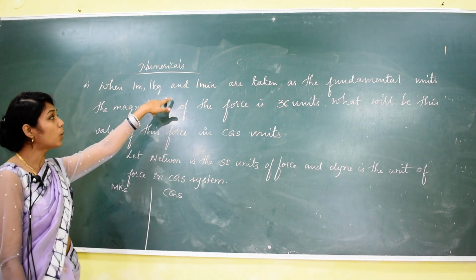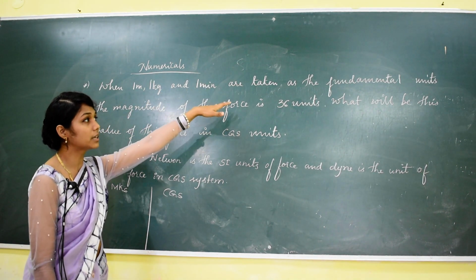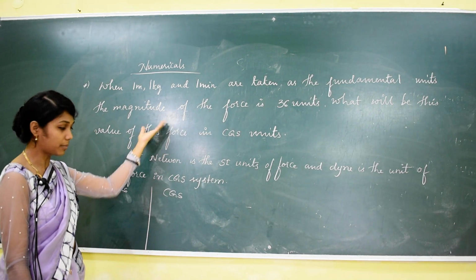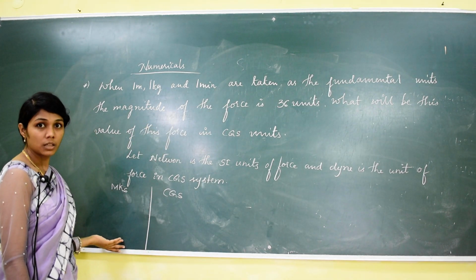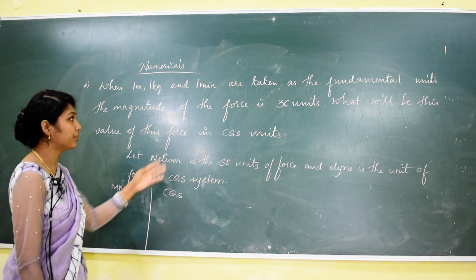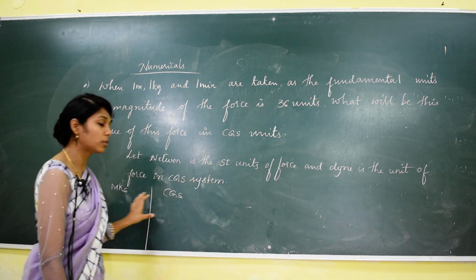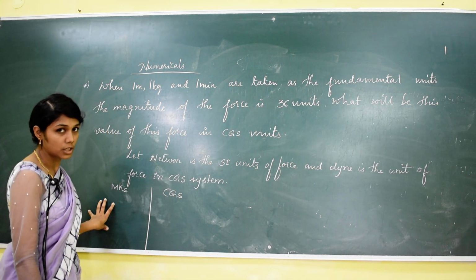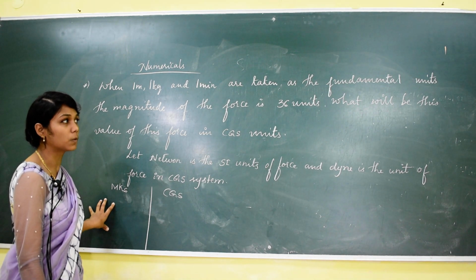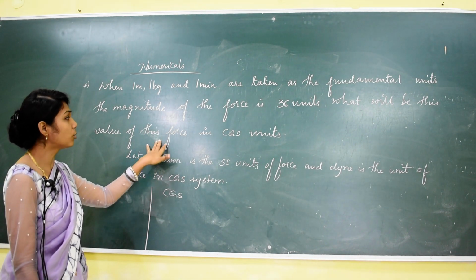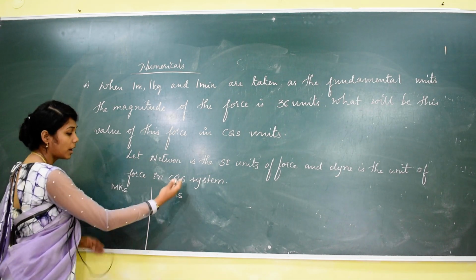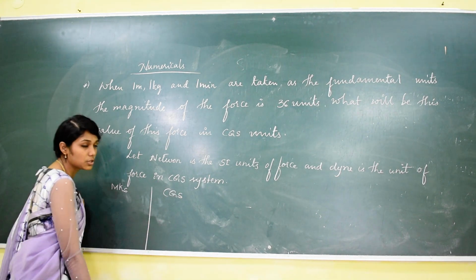1 meter, 1 kg, 1 minute are taken as the fundamental units, so it all comes in the left hand side in the MK system. The magnitude of the force is 36 units, so n1 is equal to 36 units. What will be this value of force in CGS unit? I have to find this value in CGS unit.